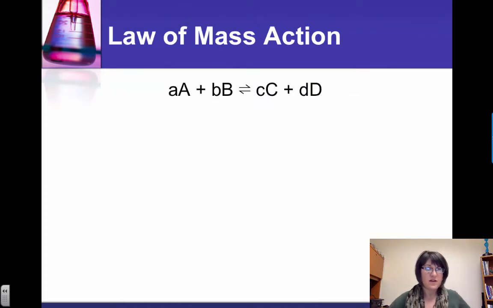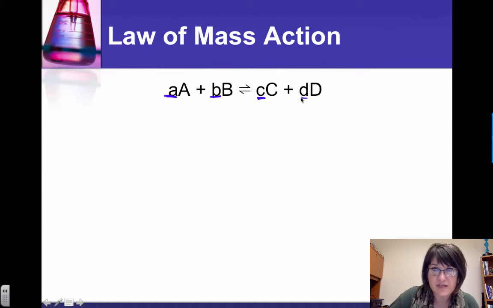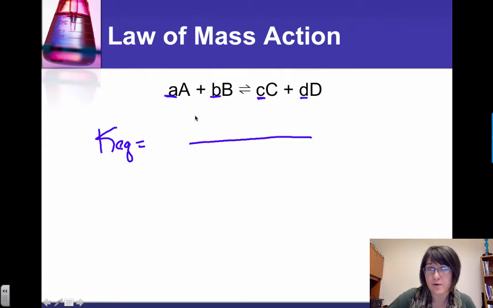If we have a reaction where A plus B makes C plus D, then this is my coefficient: how many A's, how many B's, how many C's, and how many D's. For my equilibrium constant, I'm going to put my products on the top, products over reactants. So the concentration of substance C is raised to the power of however many moles there are in that balanced equation.